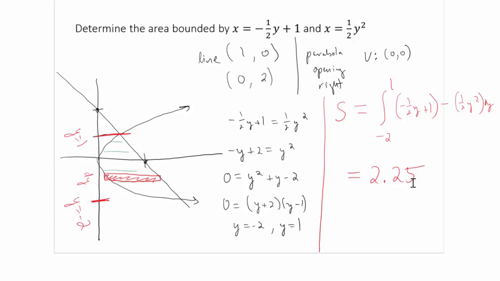So if we are given functions in terms of y, you may want to write your integral in terms of y as well. You just have to think, okay, instead of thinking left to right, I'm thinking bottom to top on my interval. And instead of thinking upper function minus lower function, I'm thinking rightmost minus leftmost.